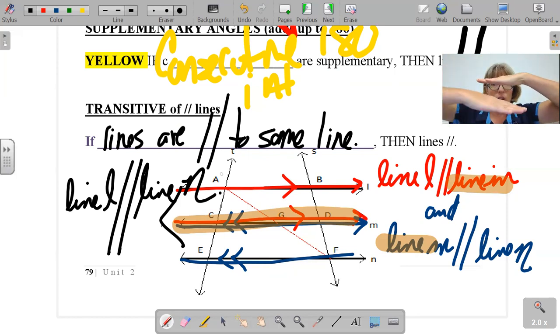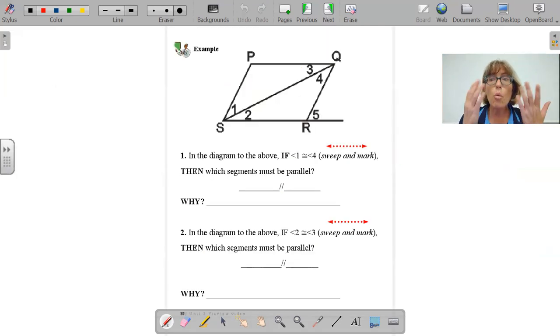That means these 2 lines must be parallel to each other. That's called transitive property. What does this look like? Go to this page and get your stir stick out.